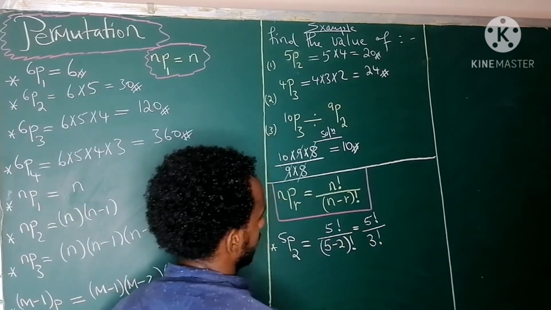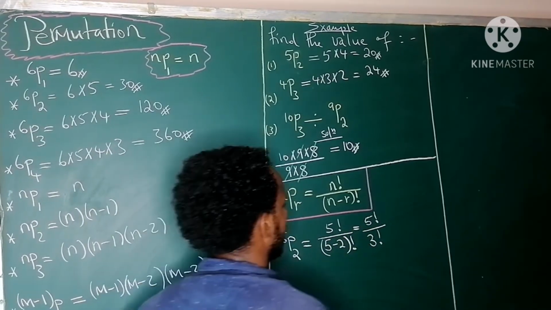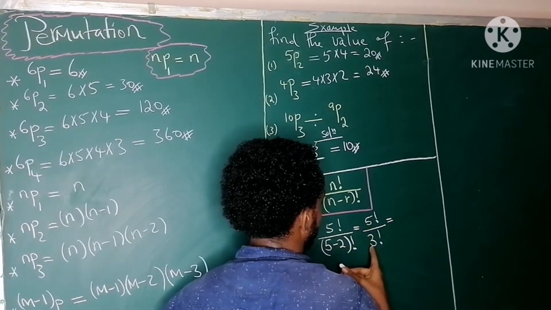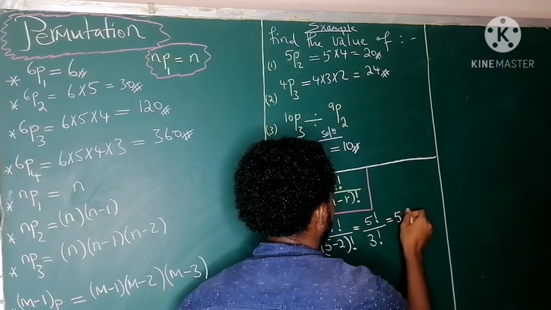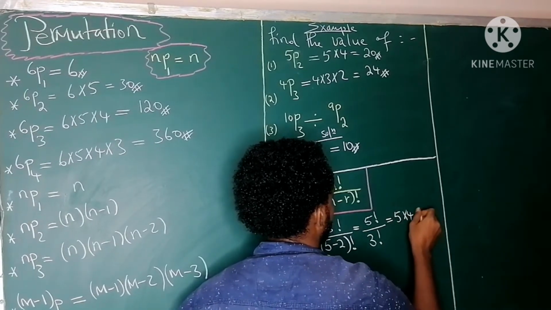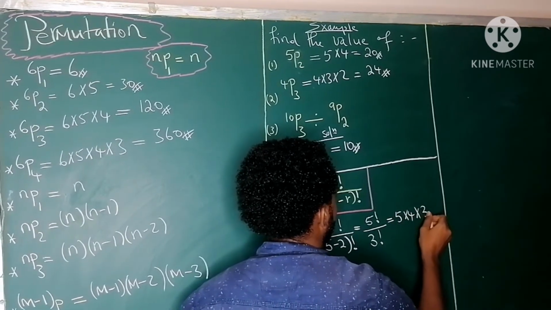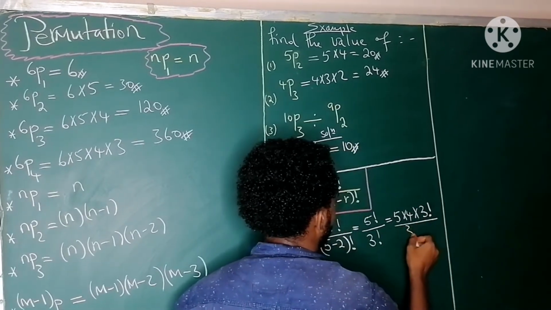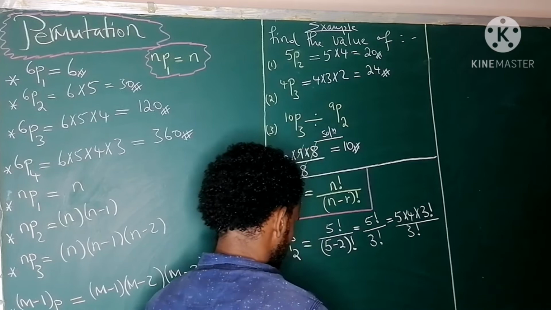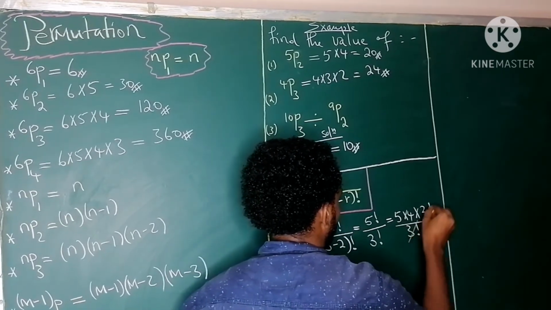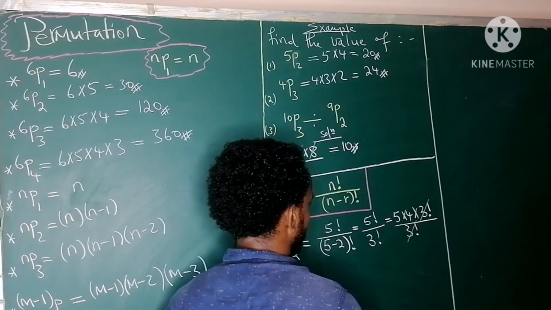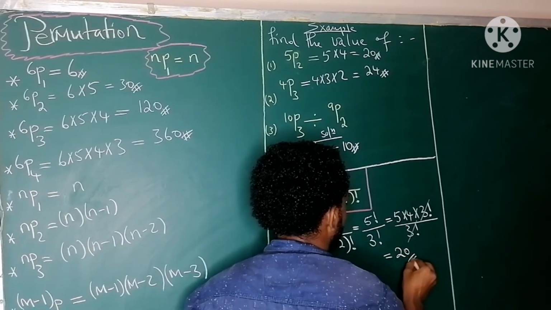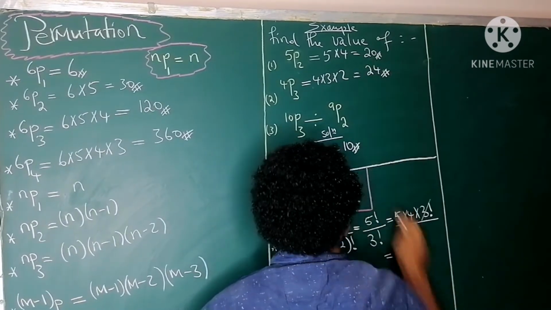How do we solve this? This is what we did last time in the factorial lesson. 5 factorial is the same as 5 times 4 times 3, and I can stop here to cancel it with what is below. So 3 factorial cancels. 5 times 4 is 20, which is the same answer.